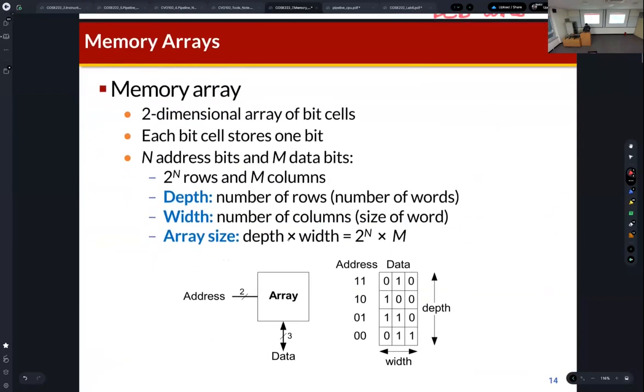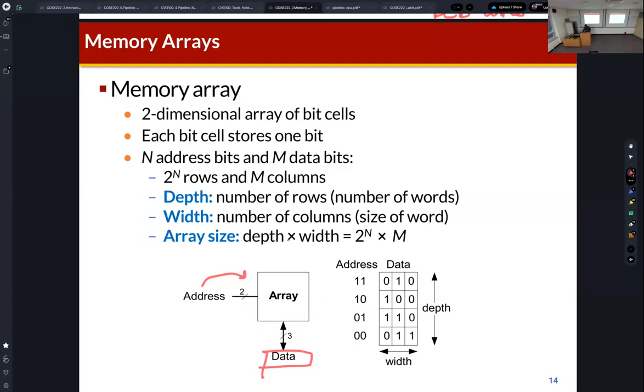Okay, let's learn some basics of memory. We can understand the memory as an array of data elements. It's a two-dimensional array of cells. When an address is given, some data comes out.